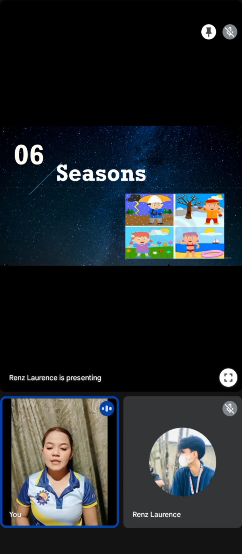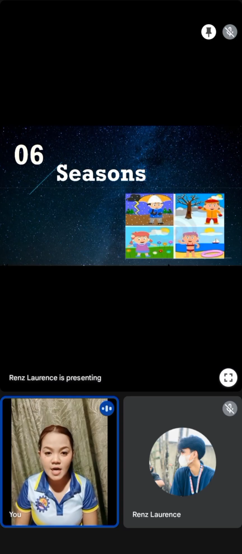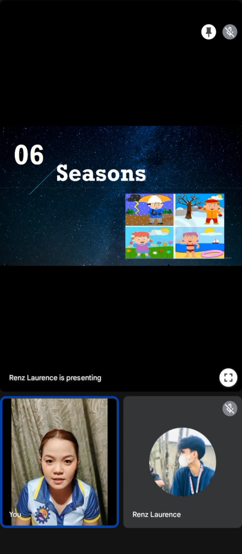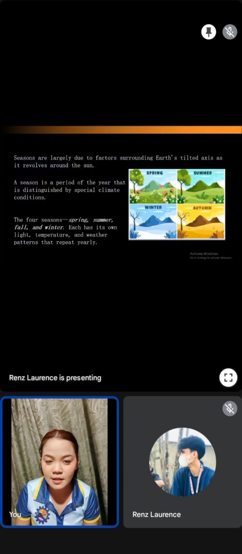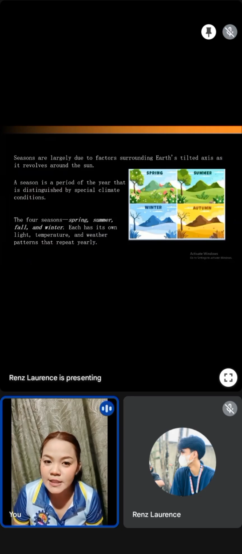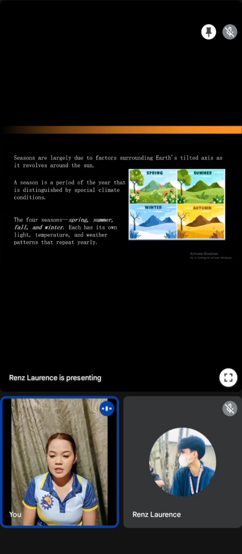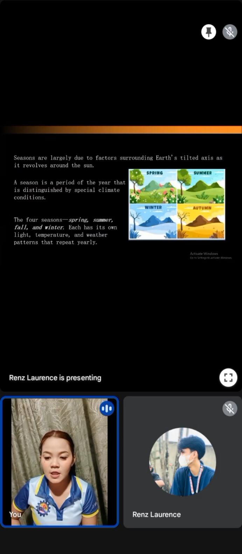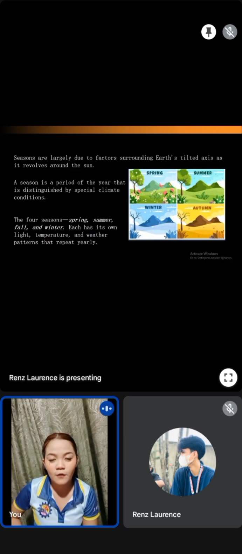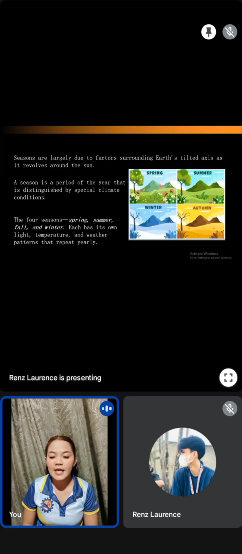The 4 seasons are the summer, fall or autumn, winter, and spring. For example, the Philippines has only 2 main seasons, wet and dry season.